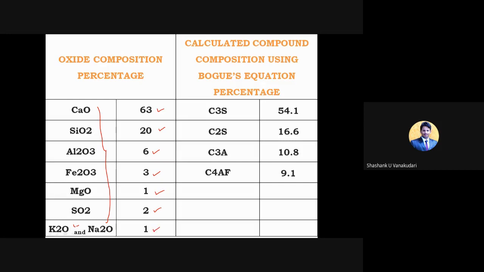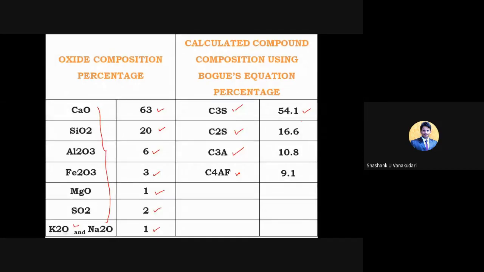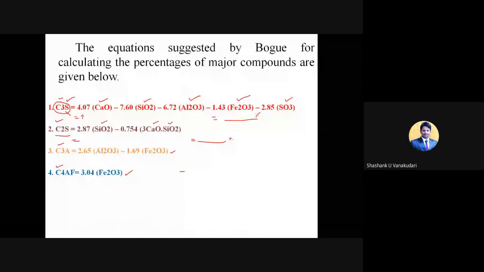Once you substitute into all these formulas, you will get to know the percentage of tricalcium silicate, percentage of dicalcium silicate, percentage of tricalcium aluminate, and then percentage of tetracalcium aluminoferrite. So it comes this way. C3S it is 54.1%, and then C2S it is 16.6, and then C3A it is 10.8, then C4AF it is 9.1. So like that, these percentages come once you substitute these values in the formula. Got it?